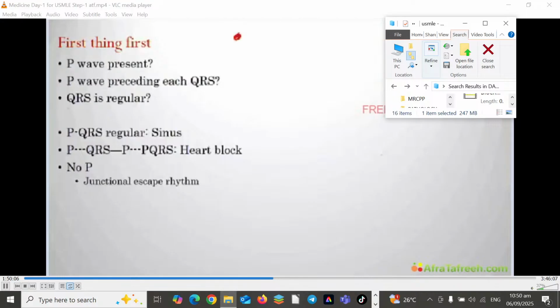I have the SA node here and I have the AV node here. Electricity flows from the SA node down to the AV node. This gives rise to the P wave, and this is the PR interval. Okay? This is very simple. Both the atria are very thin. They are almost similar to each other. So the activation of both the atria happens simultaneously.